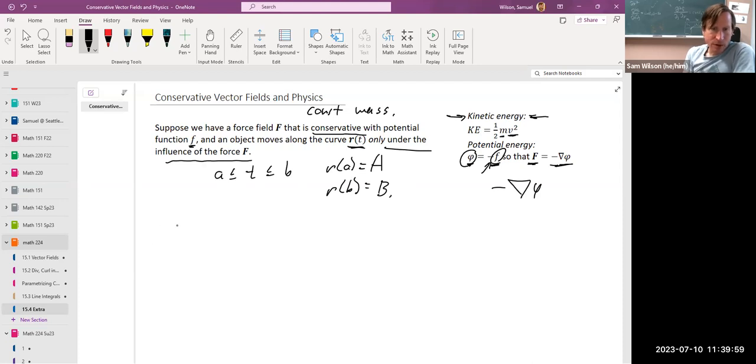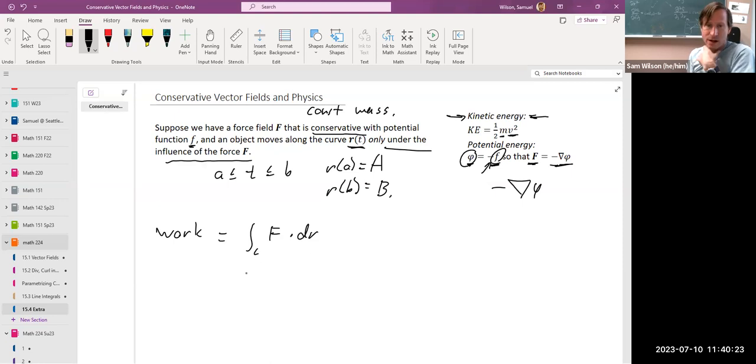So to get things started, first let's figure out how much work the force does on the object as it moves. Remember, the expression that we got for the work a force field does is just the line integral of that force field along the curve.